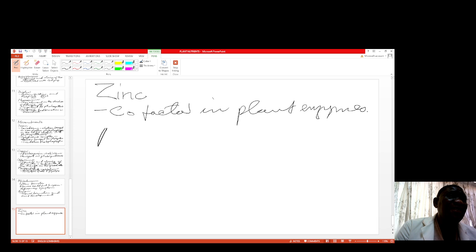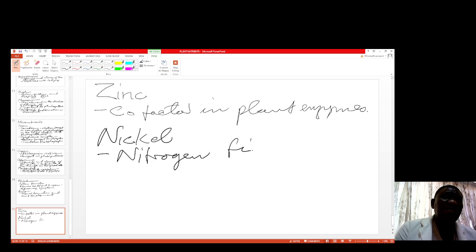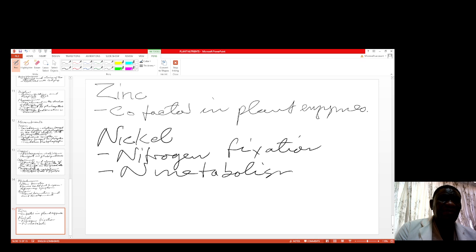This is the recently added element. It is involved with nitrogen fixation, also N metabolism, it is a component of an enzyme known as urease.